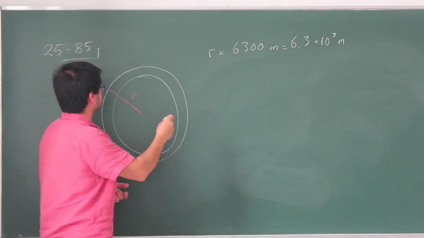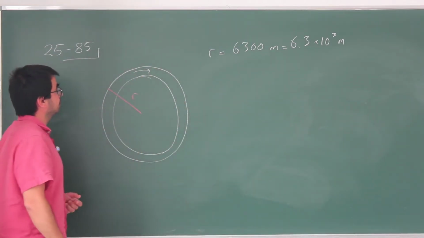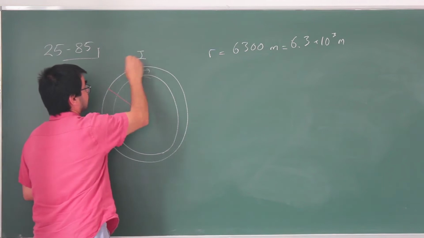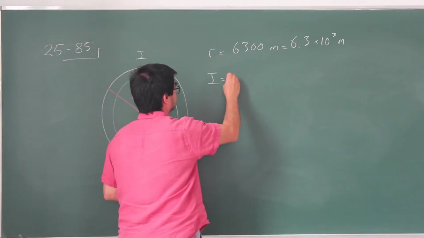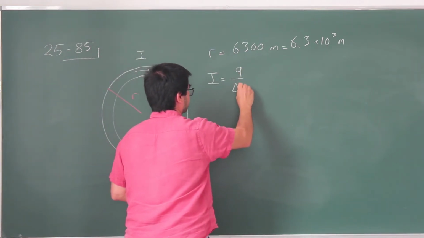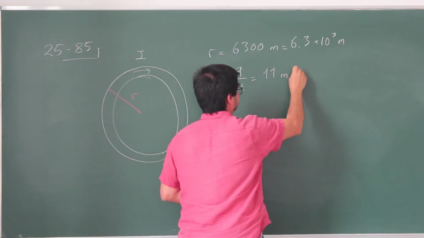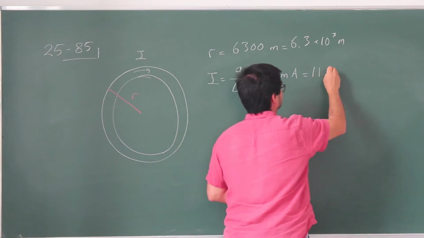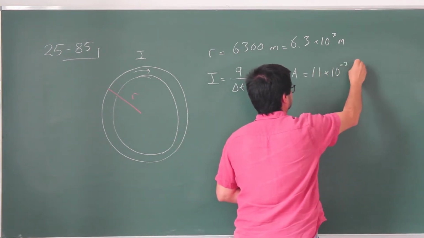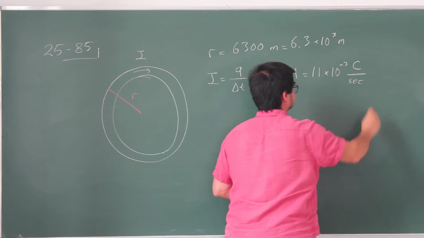And let's say that they are going in this direction. It carries a current of protons. So this current, or the charge per unit time, is 11 milliamperes, so 11 times 10 to minus 3 coulombs per second.